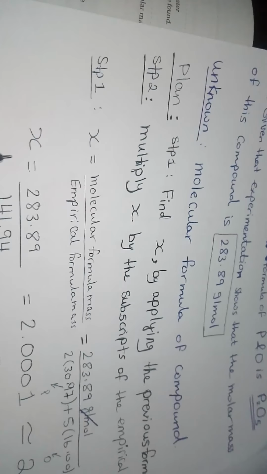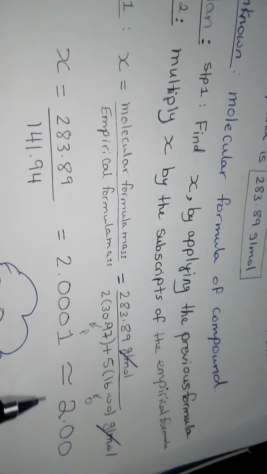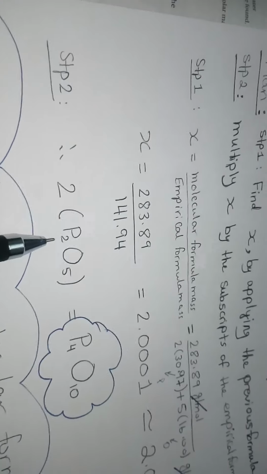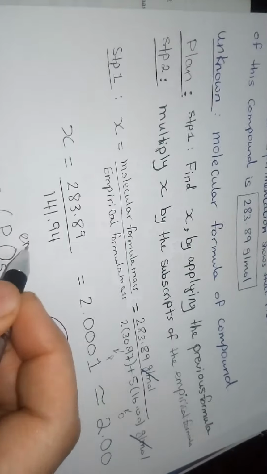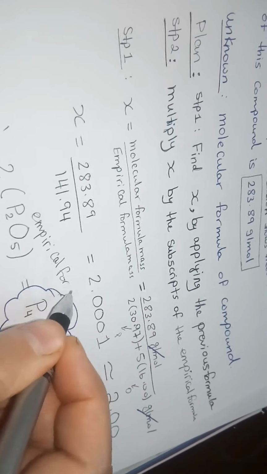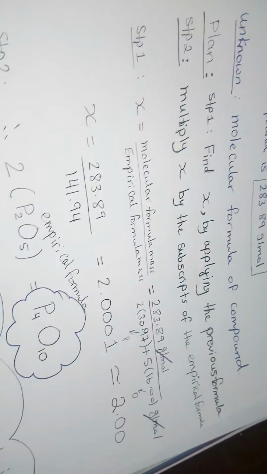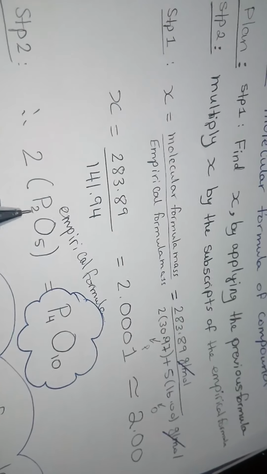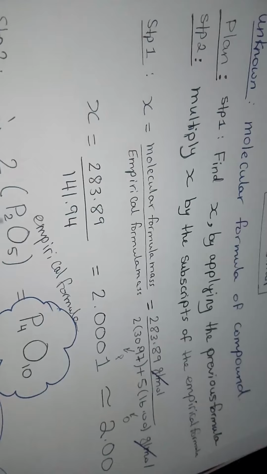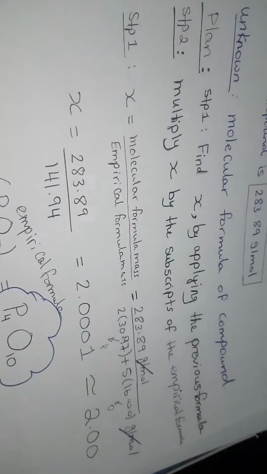So we're going to multiply our empirical formula by 2. So you multiply the subscripts. 2 times 2 is 4, 5 times 2 is 10, and this is your final chemical formula.